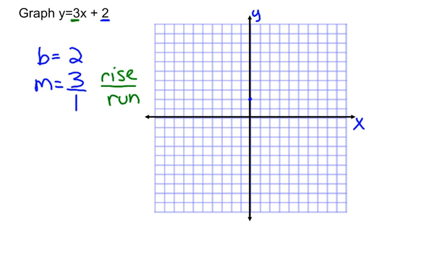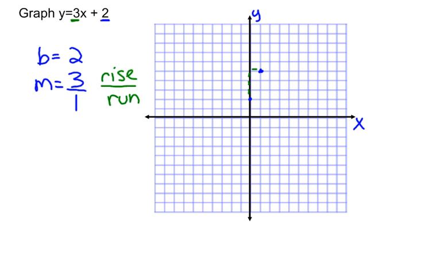Now, the green dots that I'm putting just show me going up 3, and then show me going to the right 1. Then we'll put a dot after we've gone up 3 over 1. We're going to put a dot right there. So the slope told me to go up 3, and then we always go to the right 1.